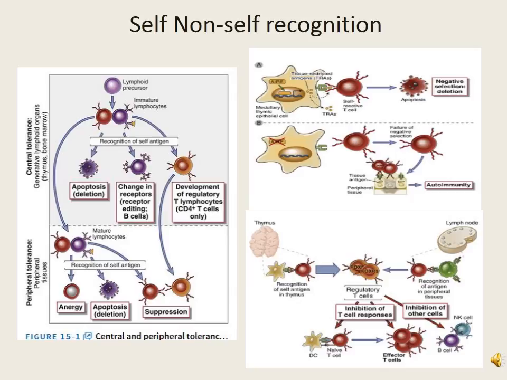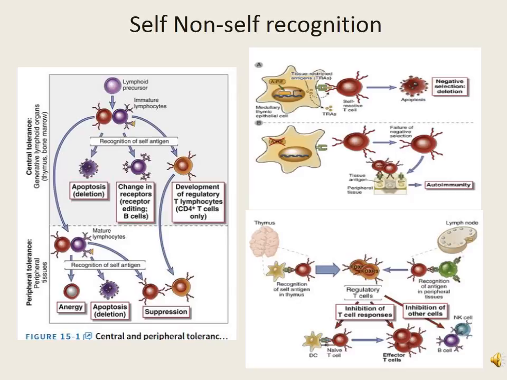Okay, and then the lower figure shows you that there is another step of self-recognition or self-tolerance that occurs in the peripheral lymphoid organ. That's why we call it peripheral tolerance.